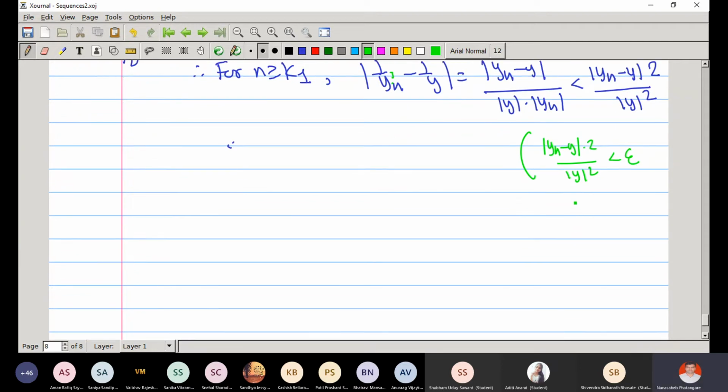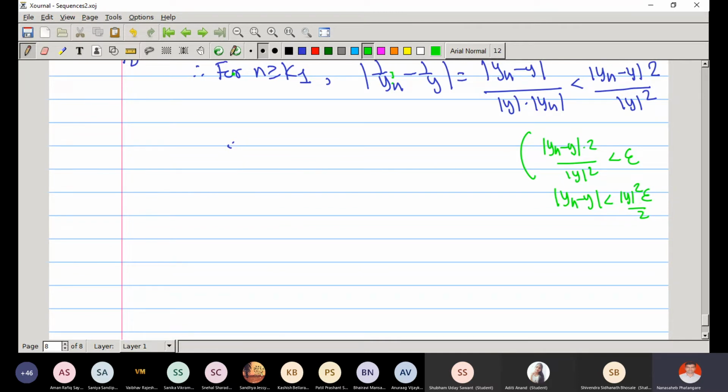But this is possible if we can make yn minus y less than what? Epsilon mod of y square upon 2. Right. And is it possible? Yes, sir. So this would be achieved if we can make this less than this number.